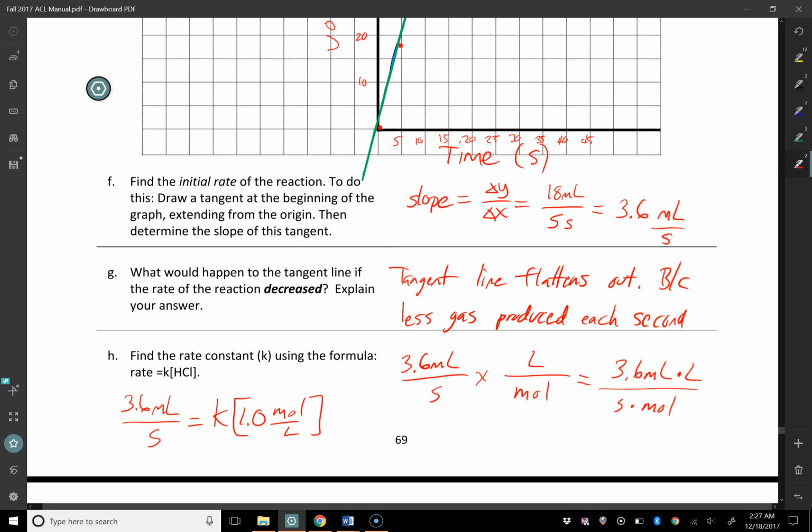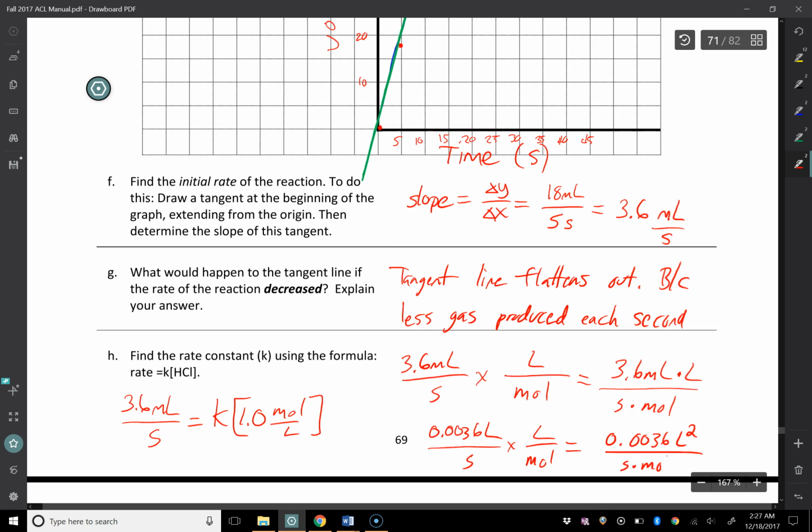You can make this a little bit cleaner by getting the volume units to agree. So for example, I can get both of my units in terms of liters. I know that there are 1,000 milliliters in a liter, so I could represent this as 0.0036 liters per second. Again, multiply by 1 liter over 1 mole, and I end up with 0.0036 liters squared per second mole.